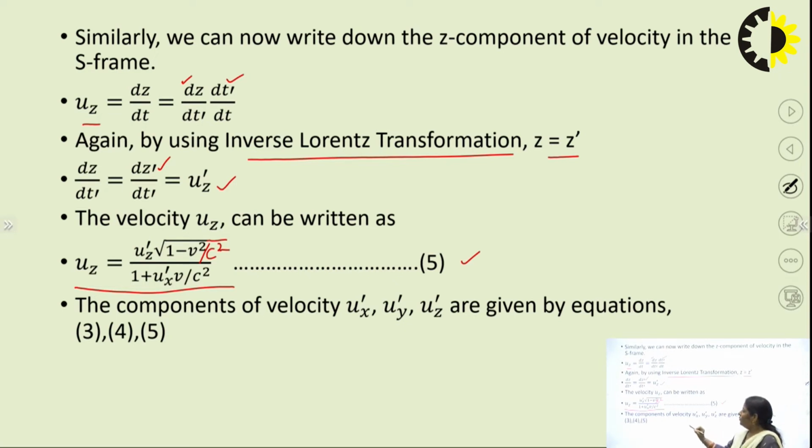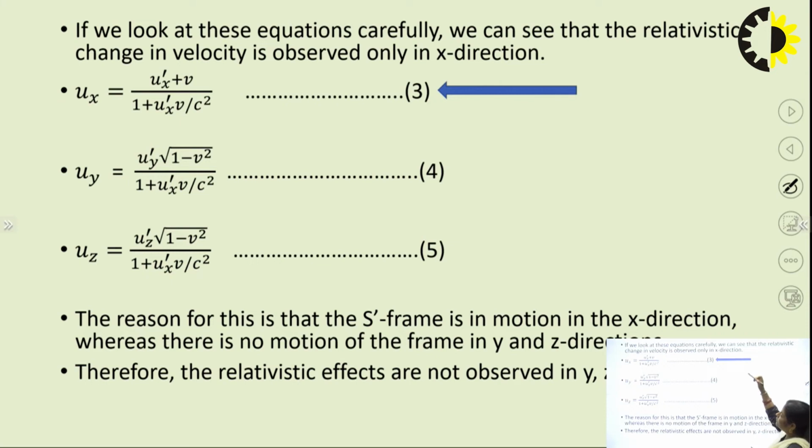Now we again recall the components of velocity which we have calculated in different directions x, y, z. The components are ux equals ux dash plus v upon 1 plus ux dash v by c square.